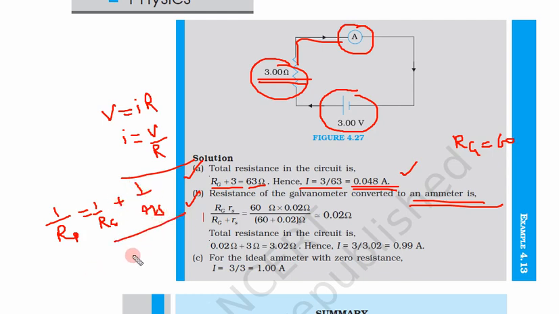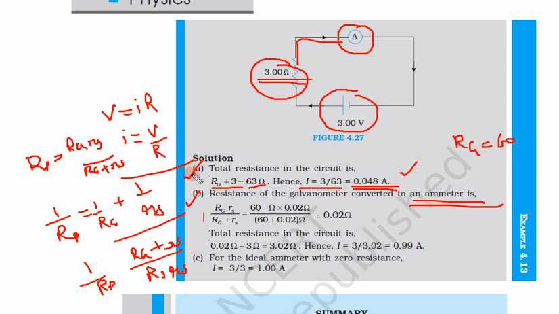So this was the formula. If we solve, Rg plus Rs upon Rg Rs is 1 by Rp. So Rp is Rg Rs divided by Rg plus Rs.